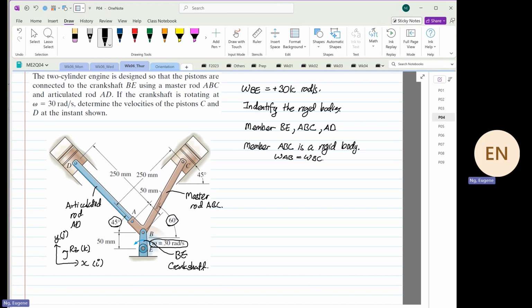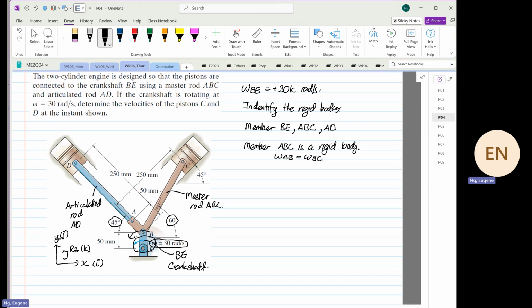So let's analyze how omega will affect the entire structure. If we focus on the omega, omega is going to rotate in what? In an anti-clockwise direction. So let's make a guess.